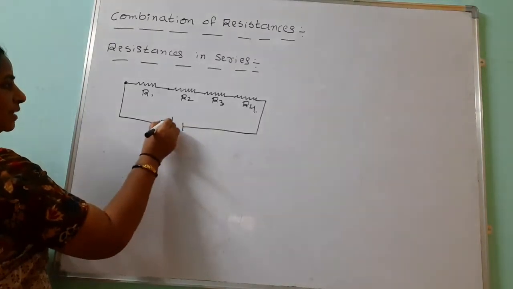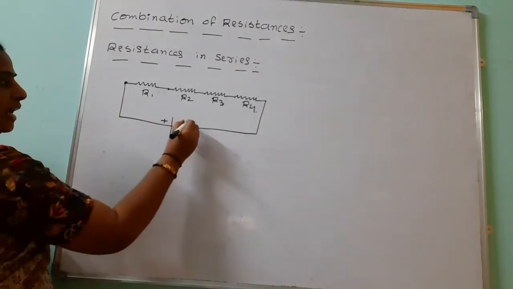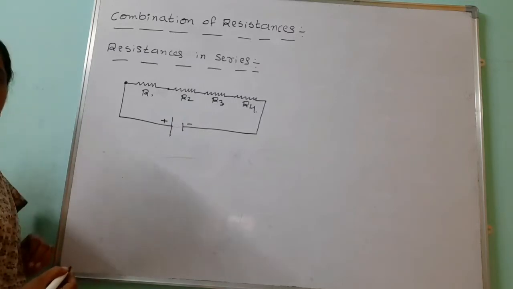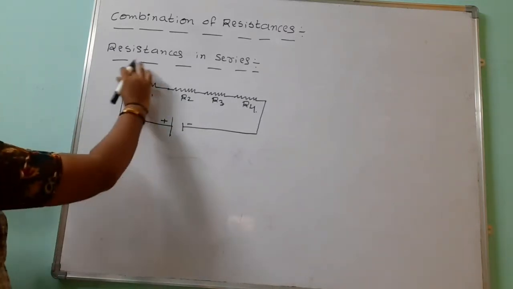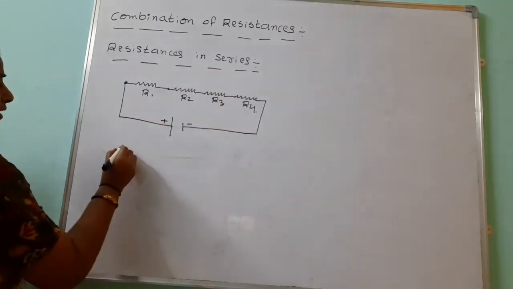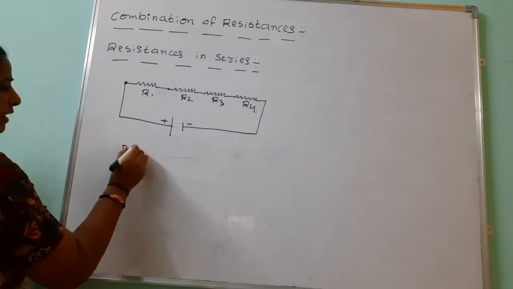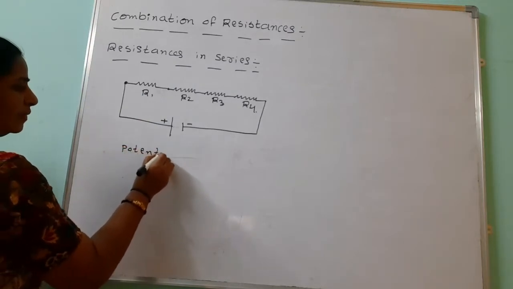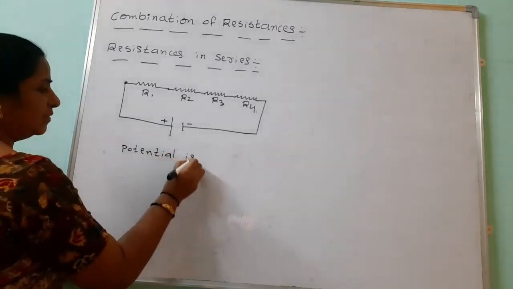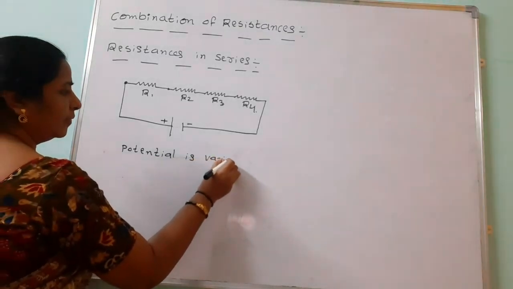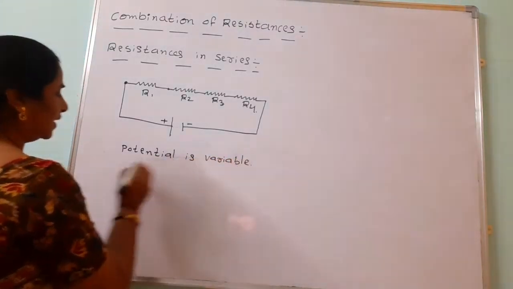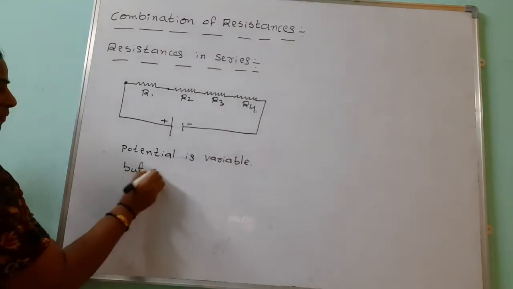It has two terminals. One is at high potential, another one is at low potential. In series combination, we must remember that potential is variable, but current is constant.